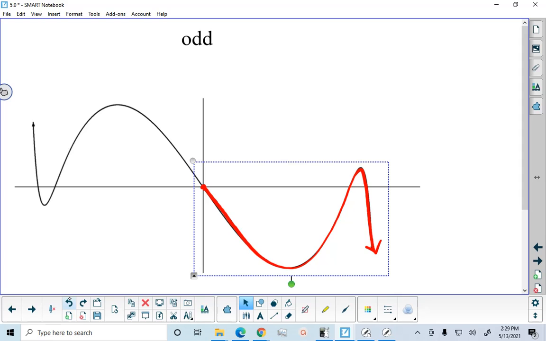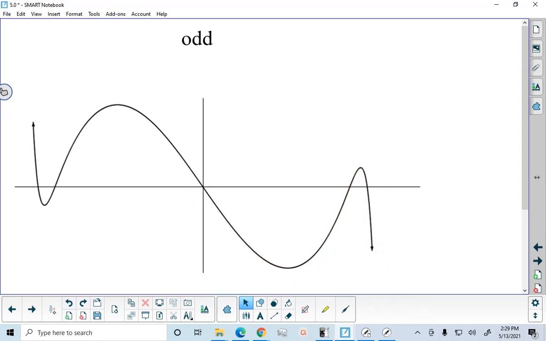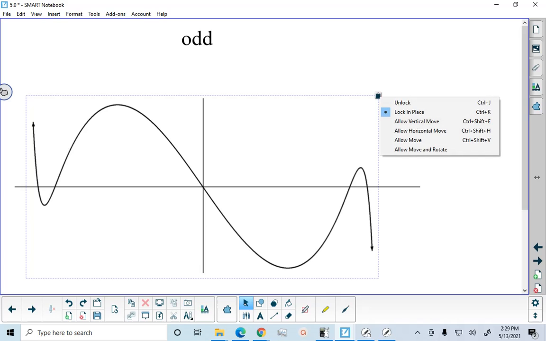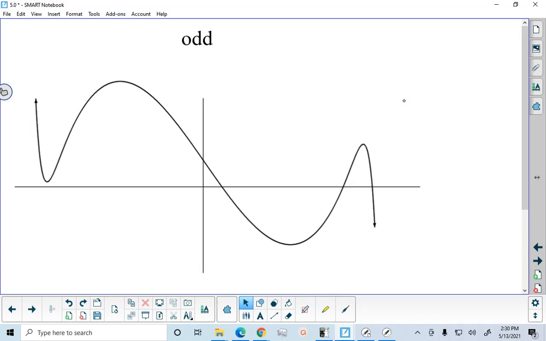So one of the things you might notice is that an odd function must go through the origin if it's defined at x equals 0. If you have a function that's defined at x equals 0 and it's odd, it has to go through the origin. This is not odd.